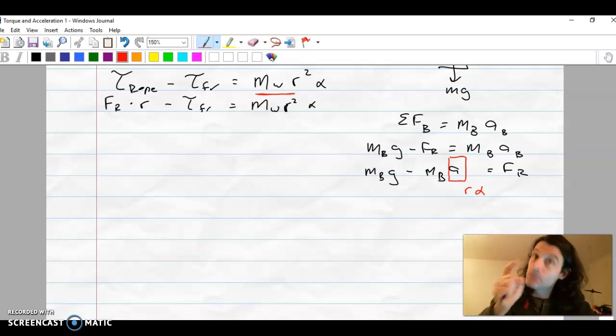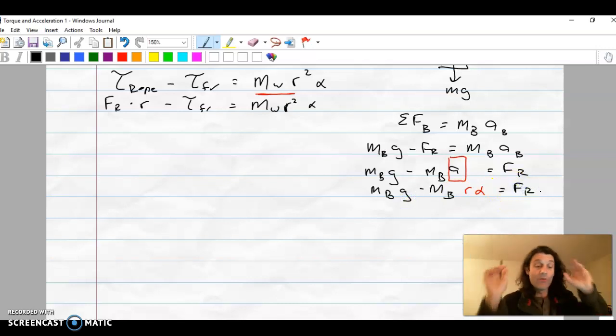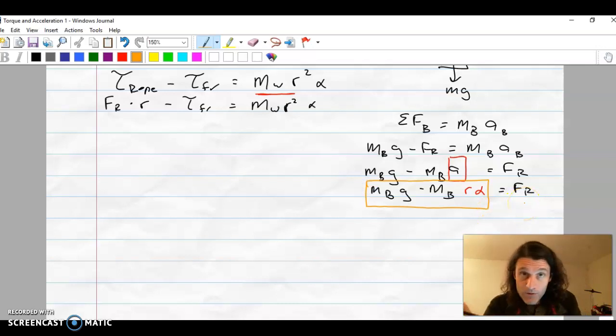You know that, don't you? So this alpha will be multiplied by the mass of the block. It will be subtracted from the mass of the block times gravity. That's the force inside the rope. So that whole expression, these two quantities subtracted from each other, is the force of the rope.